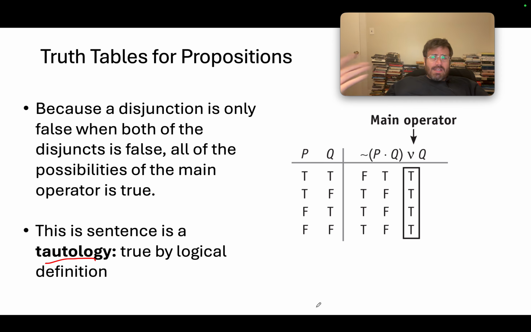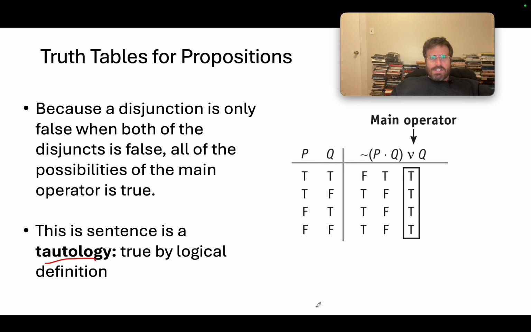So this is an instance where a bit of circular reasoning has taken place, and in a sense the sentence isn't really giving us any new information, whatever its content is, because there's no instance in which the value of the main operator is false. And when it's only true, it's not saying anything. It's just spinning its wheels. So this is a tautology or a logical fallacy.